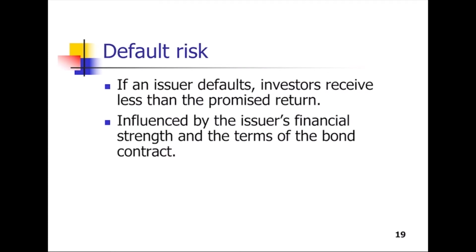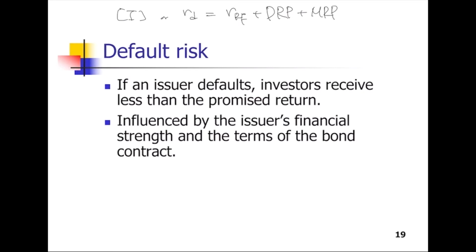As I mentioned before, the I or RD is interpreted as the required rate of return, right? So RD can be calculated from RRF, the risk-free rate, the default risk premium, and the maturity risk premium.